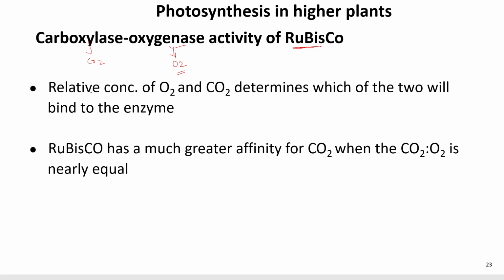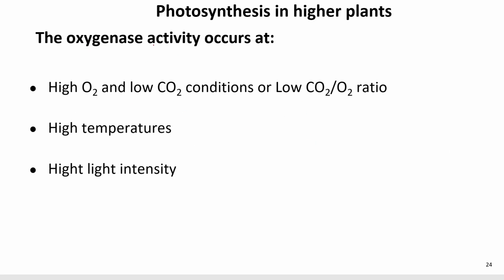Now let's talk about this. Relative concentration of oxygen and carbon dioxide determines which of the two will bind to the enzyme Rubisco. Now, another fact is that Rubisco has a much greater affinity for carbon dioxide when carbon dioxide and oxygen are nearly equal. Now, let's study the conditions when oxygenase activity is favored.